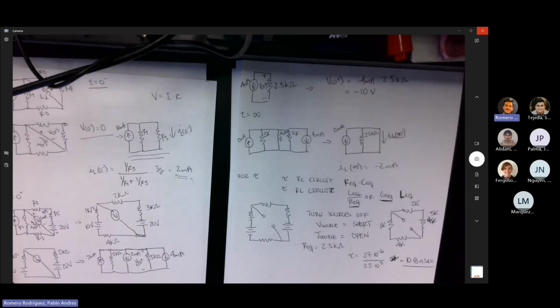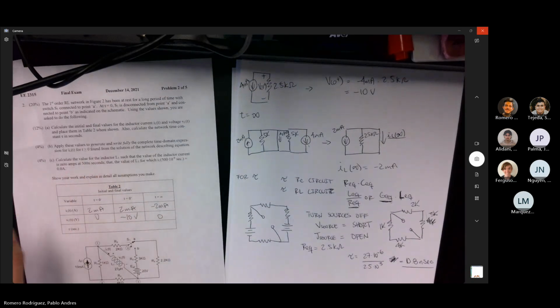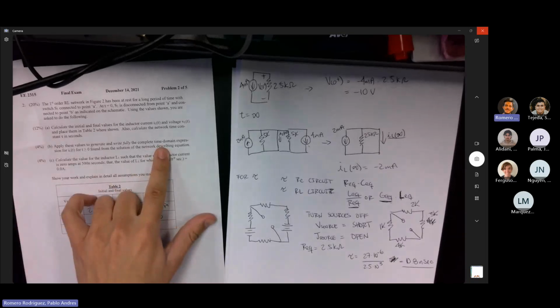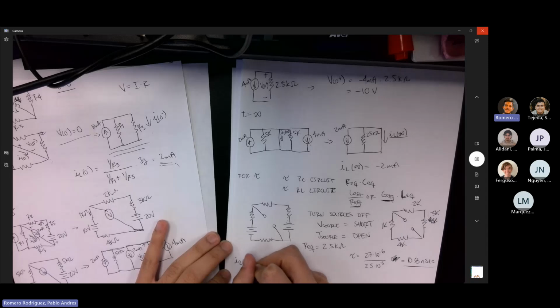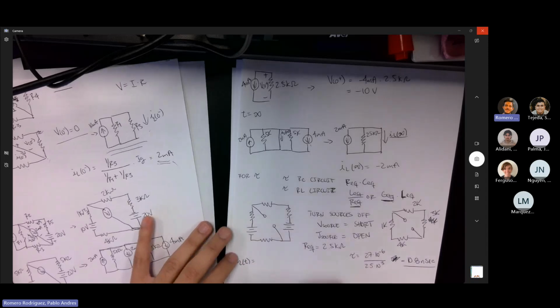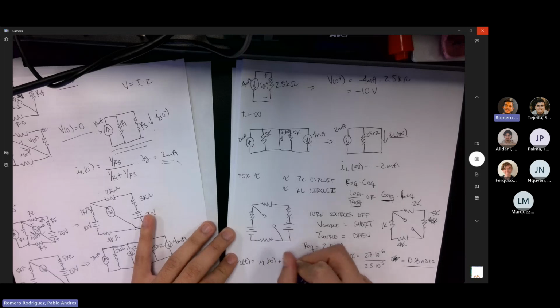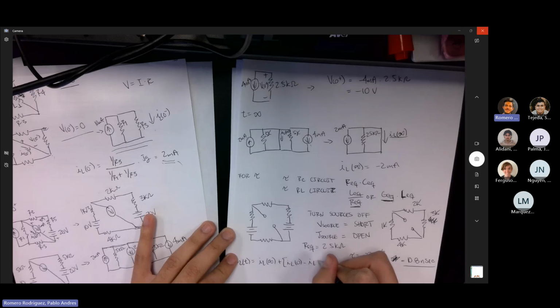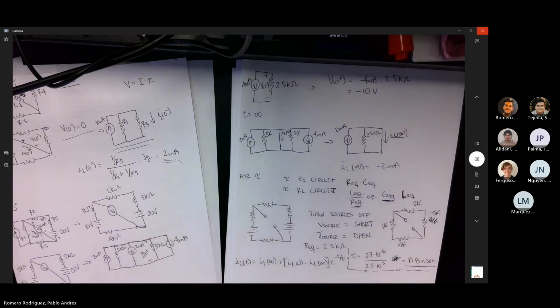And from there, we grab our time domain expression for IL. So time domain expression for IL is going to be given by IL of infinity plus IL of 0 minus IL of infinity times e to the negative t over tau. Right?